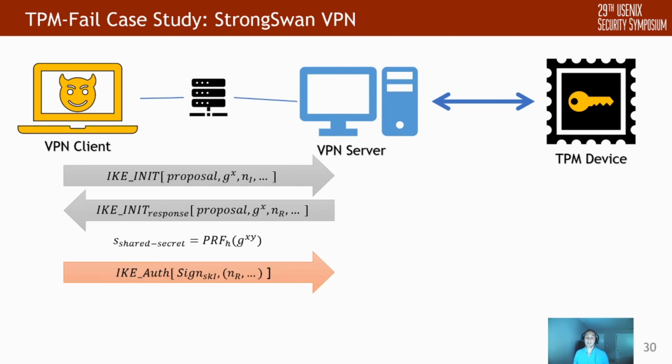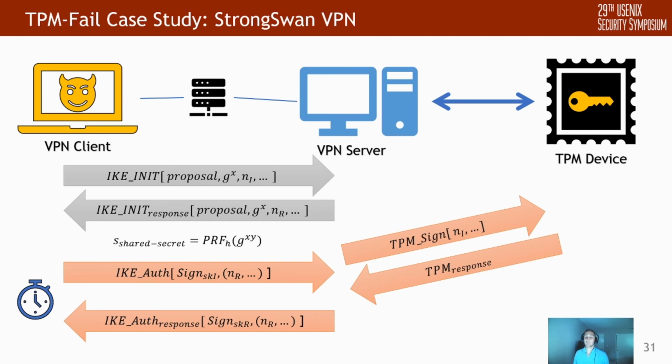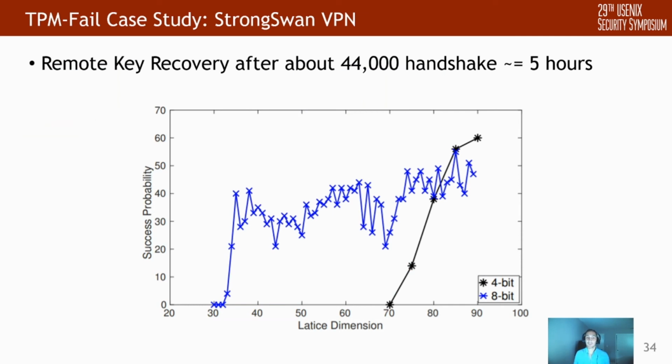But the second handshake is about authentication, and that's where the VPN server asks the TPM to sign a message. During the second handshake, as a malicious client, we can just measure the timing of this operation, keep dropping the connection, and initiate another handshake. By repeating this and collecting lots of signatures, we could perform a similar attack as we mentioned before.